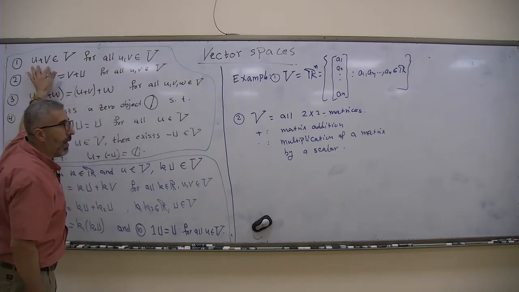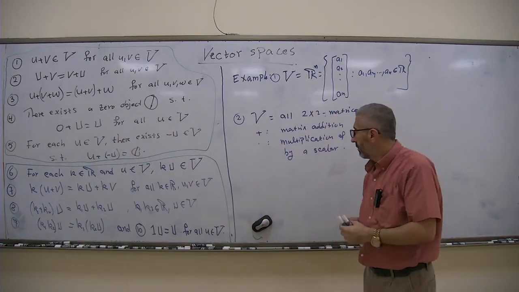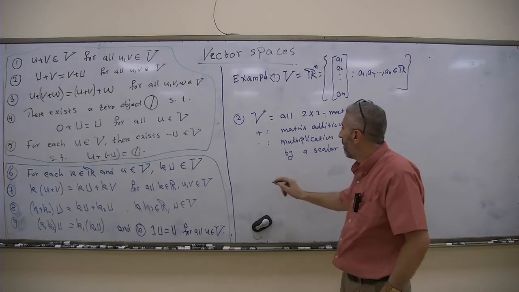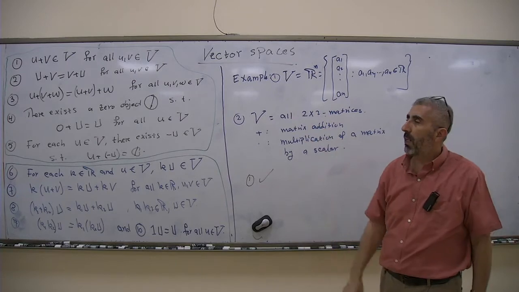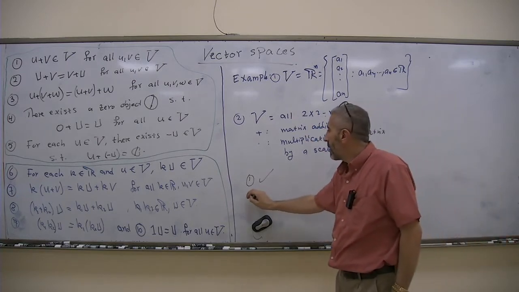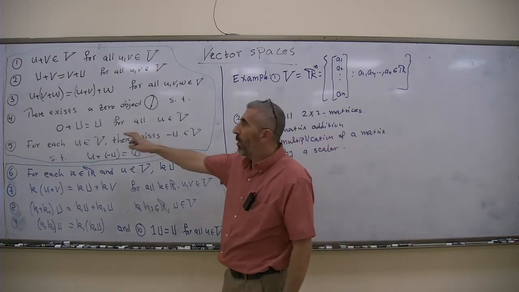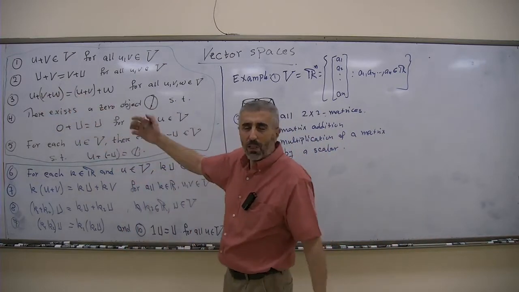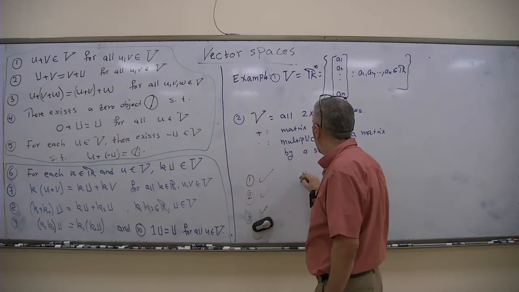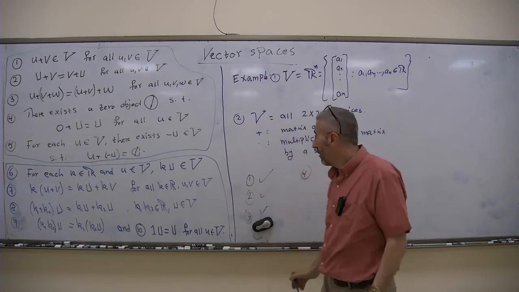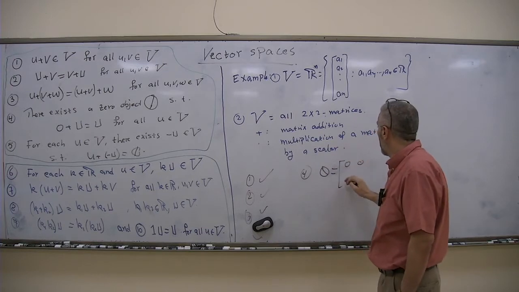If you add 2 by 2 matrices, what do you get? You get a 2 by 2 matrix. We know that. The first one is satisfied. If you add a matrix U plus V, it is the same as if you add V plus U. 3. If you have 3 matrices, you know from chapter 1 it doesn't matter which 2 you add first, still it is the same. 3 is satisfied. 4. What's the zero object here? Let me write that down. It is the zero 2 by 2 matrix.